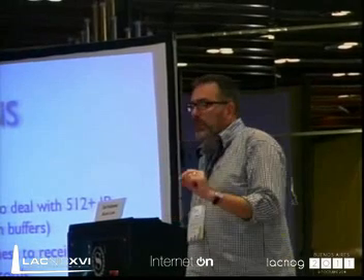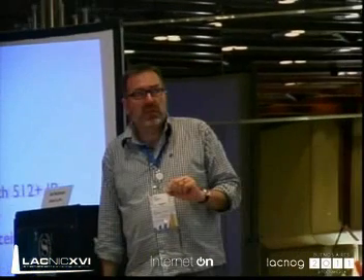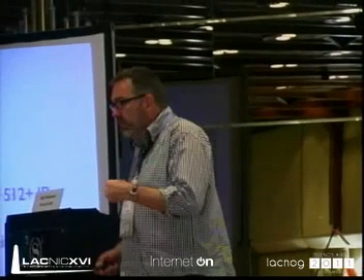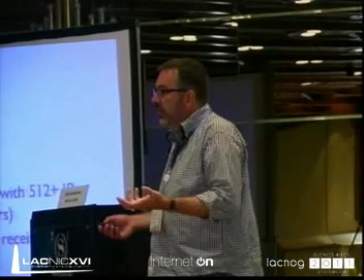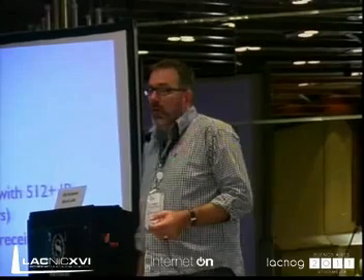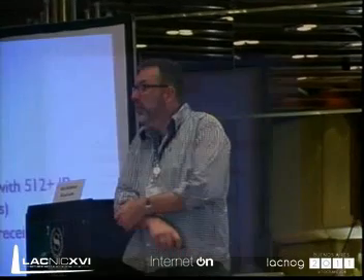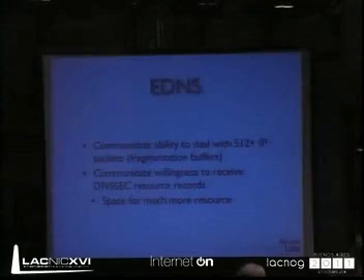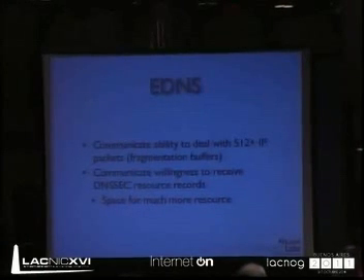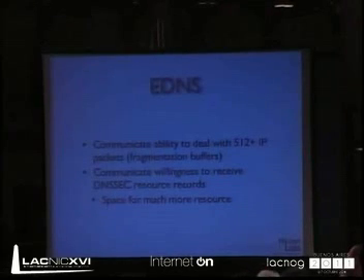Now, fortunately, there's a protocol extension called EDNS. And EDNS allows you to signal that you can handle more bytes. In theory, you can go up to multiple Ks of data. But in practice, what you will see is that there might be problems with so-called packet fragmentation.